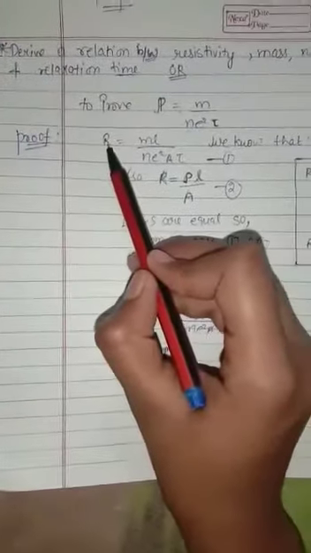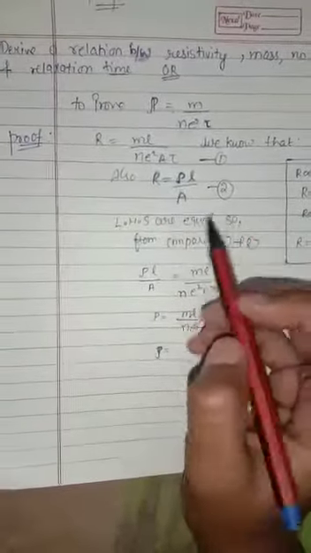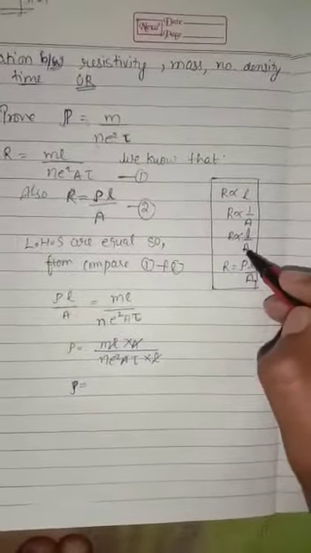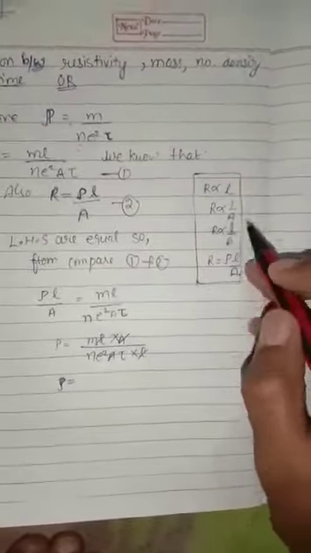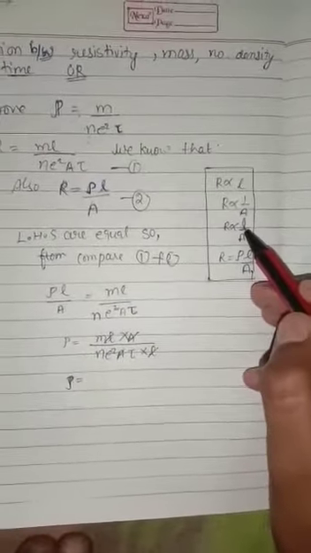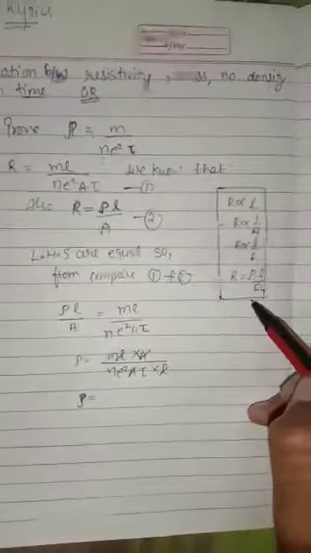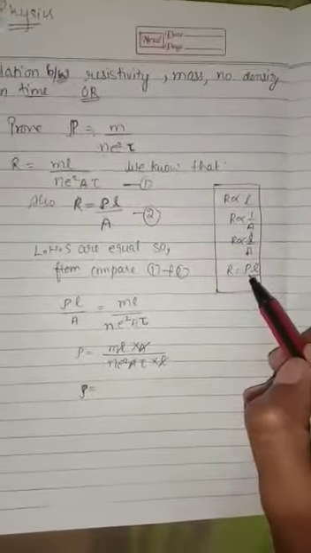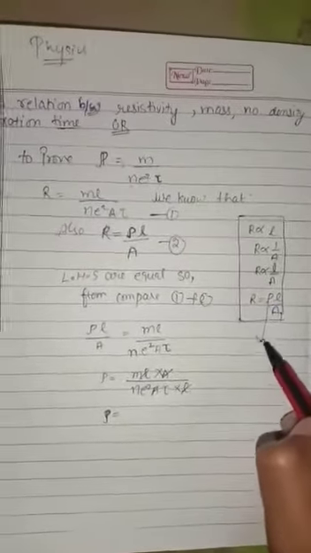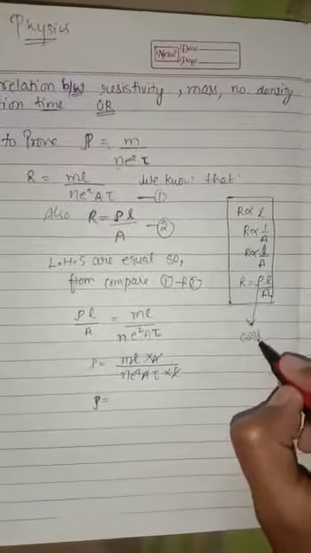And we know R is directly proportional to L and inversely proportional to A. So R is directly proportional to L upon A. When we replace the sign of proportionality, we have to put a constant, which we take as rho.